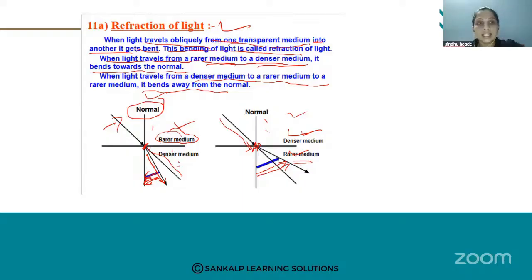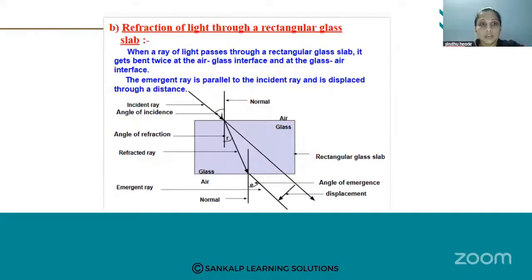See this. Again, they explain the refraction of light through a rectangular glass slab. So here they consider one glass as one medium and air as another medium. Here refraction takes place from air medium to glass medium. See this diagram.